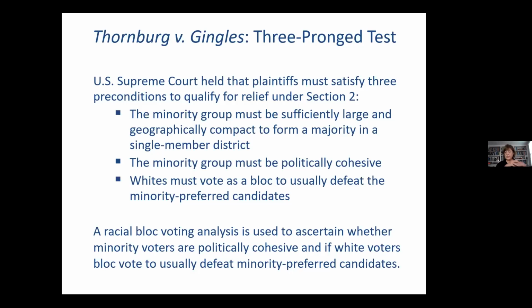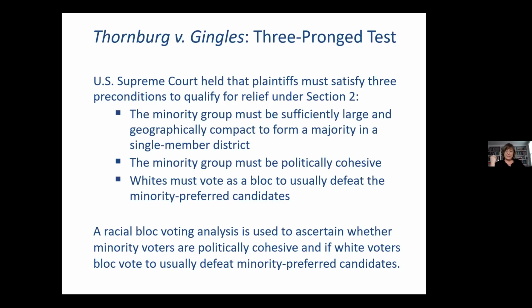The first was that the minority community had to be sufficiently large and geographically compact to form a majority in a single member district. This goes to the remedy. Even if votes are diluted, if you can't draw a district, then there is no possibility of bringing a successful suit that would in fact produce a successful remedy.